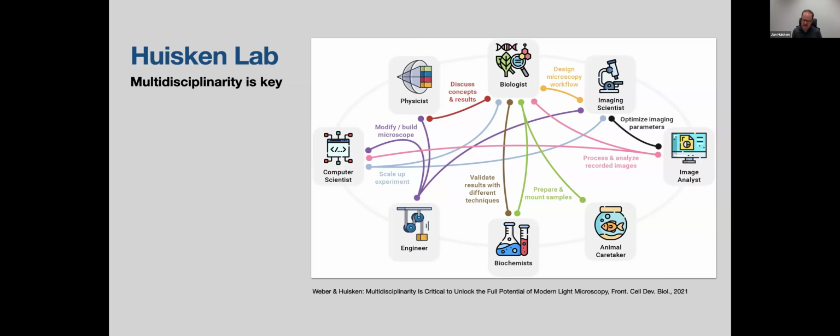But in general, I like to gather all these people around one table in lab meeting to basically have this cross-fertilization where the biologists can dream big, come up with a dream experiment, and hopefully the physicists can design an instrument and build a microscope to enable the biologists to do things that they couldn't otherwise do, let's say, with commercial instruments.